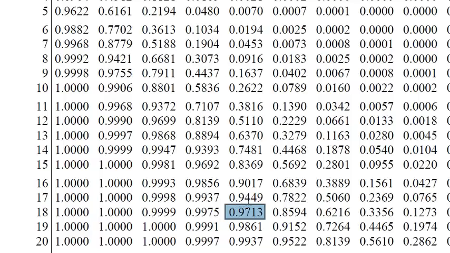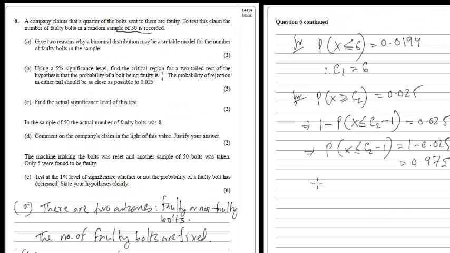So in the table, for 0.975, the closest is 0.9713. 0.975 means 0.9750. So this is the closest, and we have 18 as the random variable. So therefore the probability of X less than or equal to 18 is 0.9713.